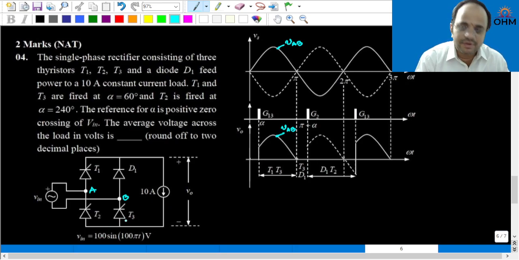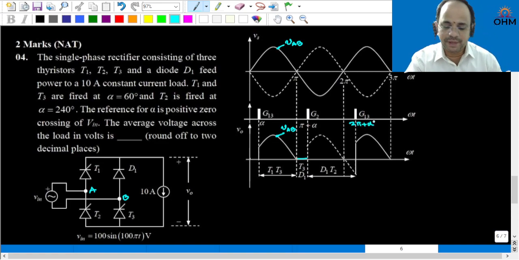T3 will turn off only after T2 is triggered. Therefore, from pi to pi plus alpha, D1 and T3 will be in conduction, and that will give you freewheeling action. Next, at pi plus alpha, T2 is triggered. Therefore, D1 and T2 will carry the conduction until 2 pi plus alpha.